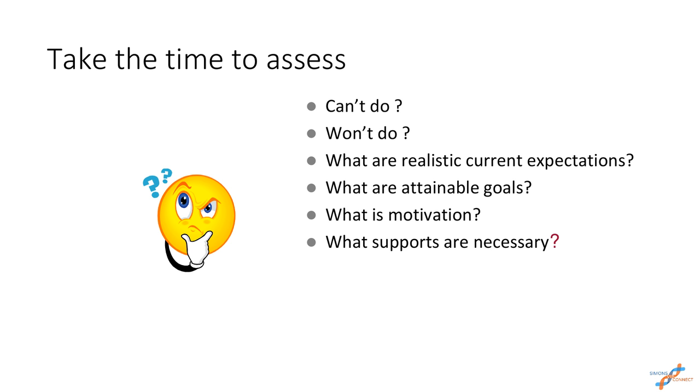So when we think about assessing these skills, it's really important to think about what is going on in the context, as opposed to just thinking about the child who is struggling. So is this a behavioral issue? Is this a refusal? It's a can't do or won't do kind of situation. So in can't do, we think about it being much more of a skill deficit.